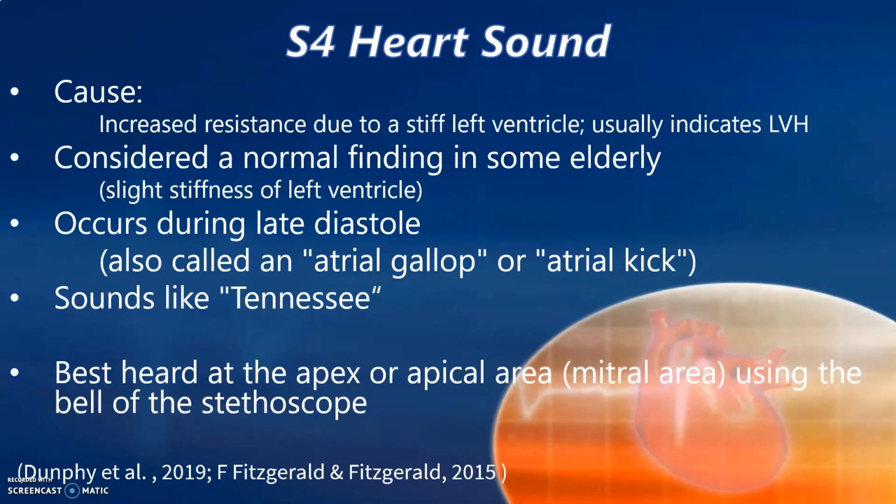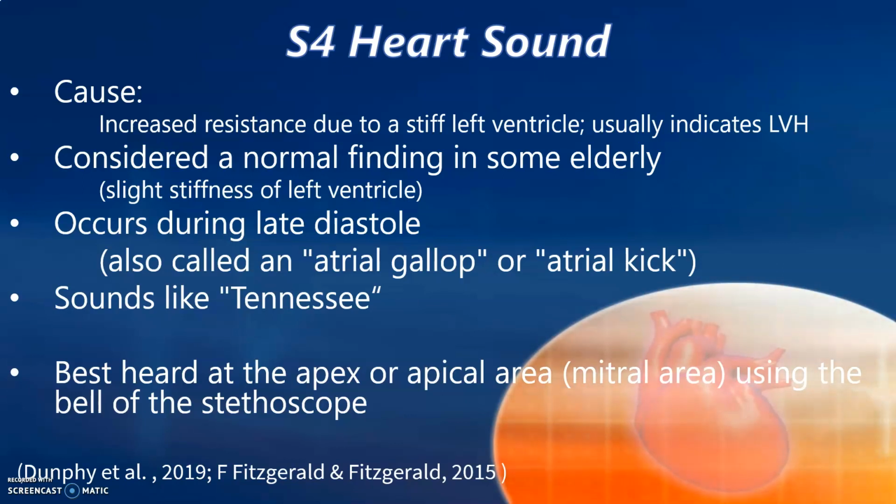Let's look at S4. This is caused by a resistance due to the stiffness of the left ventricle, usually indicating left ventricular hypertrophy. It's considered a normal finding in some older adults because there's a slight stiffness of the left ventricle. It occurs during late diastole.